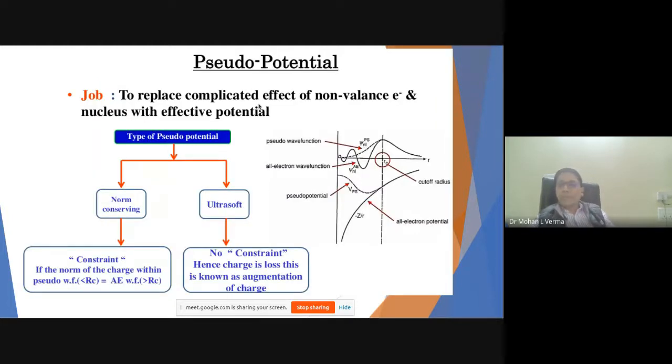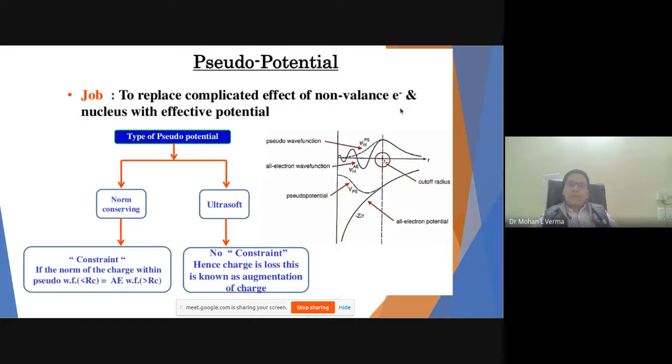Now the pseudo potential. Here we have to give all the information to the computer system. We provide all the information related to materials at the atomic, electronic level, and that is in the form of the pseudo potential. So this pseudo potential replaces the complicated effect of non-valence electrons.